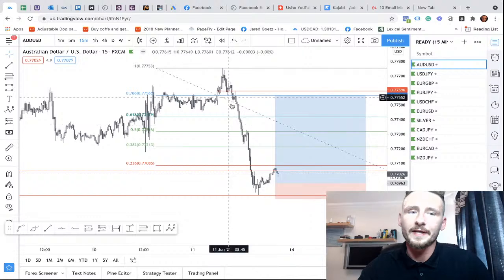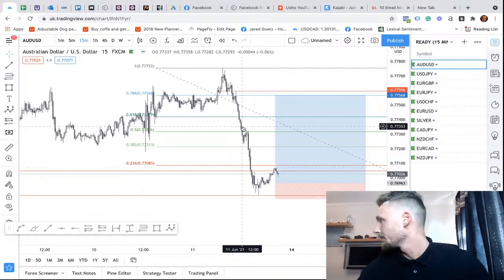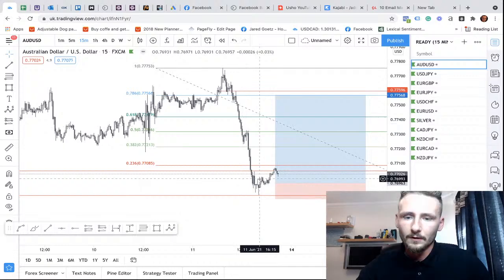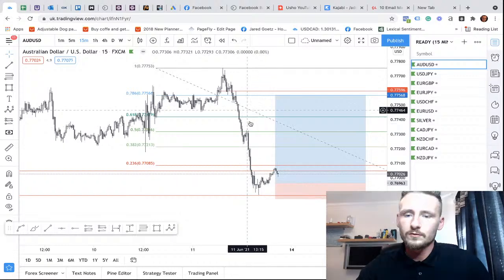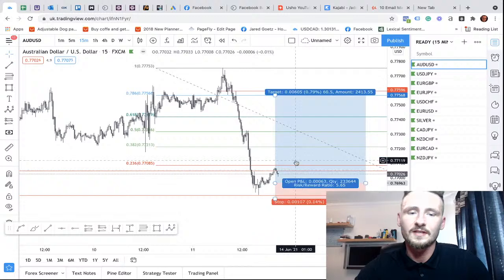So the US dollar is obviously playing a strong part in this being strong, pushing the price action down, sorry, and then now we're coming back to that retracement, but we're only retracing to that 0.236 level.